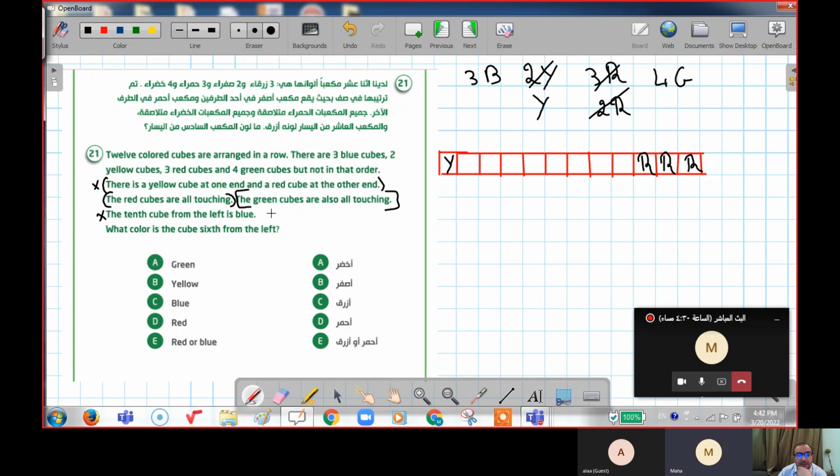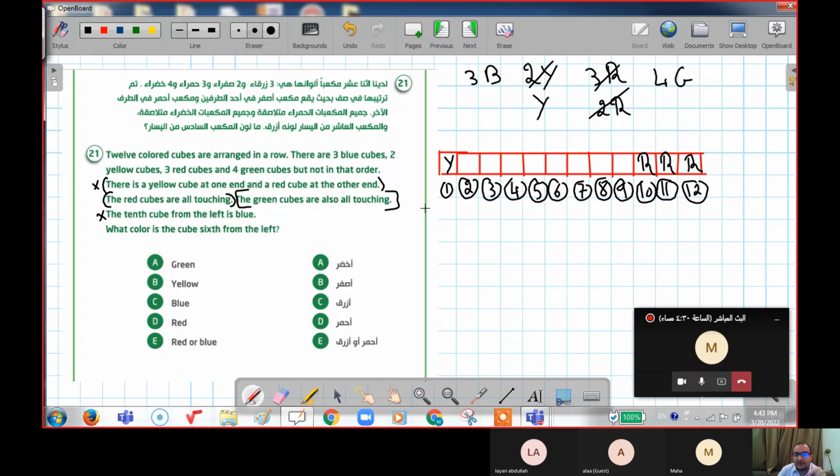The 10th cube from the left is blue. Okay. The 10th cube from the left. So this is our left, this one. So this is 1, 2, 3, 4, 5, 6, 7, 8, 9, 10, 11, and 12. Okay. The last sentence, the 10th cube from the left. 1, 2, 3, 4.